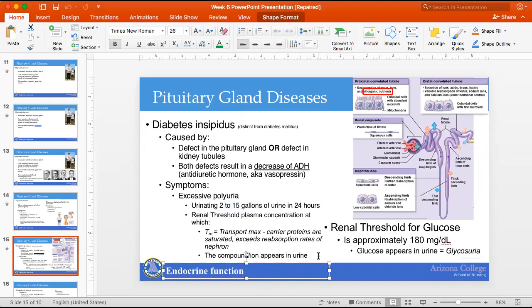It ends up getting out into the nephron, and the secretion is happening so fast that you lose glucose through the urine, and you're not recovering it. So that ends up causing this diabetes insipidus.